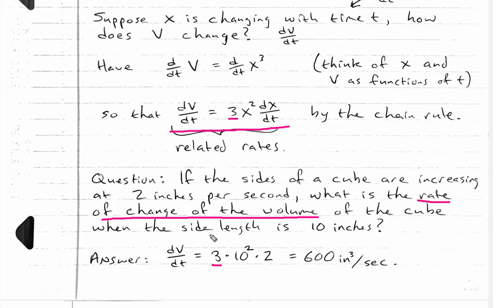We're told the side length is 10, so this is x. So x is 10, so we need 10 squared. And dx/dt, well, we know that's 2 inches per second. So you just have to kind of decipher the question, using all the information here, just putting the numbers into the formula, into the correct place.